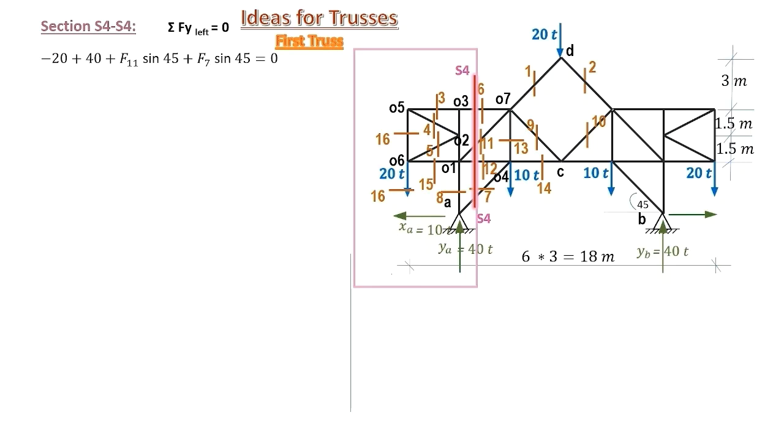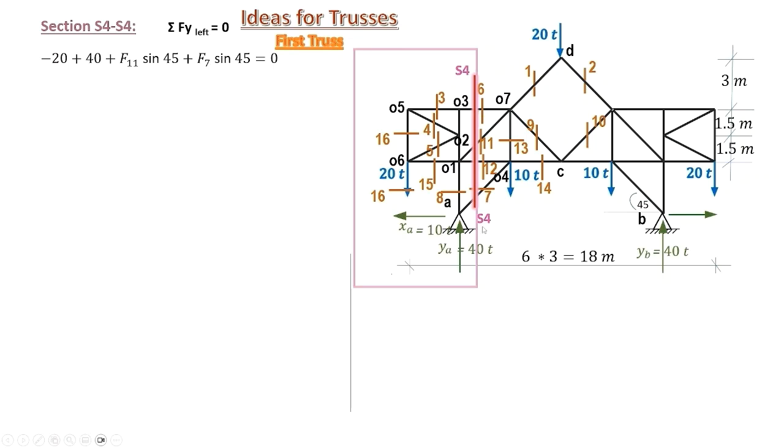It only needs training. So considering the forces in the y direction, we have external forces 20 tons at O6, 40 tons at A, and considering the internal forces, we consider the members that the cut passes through.